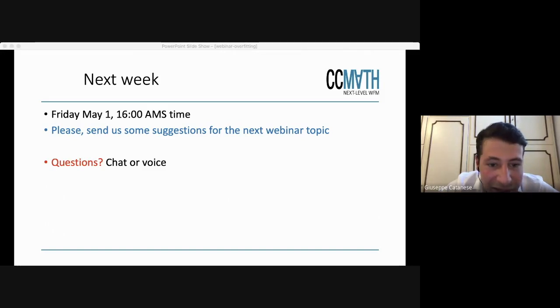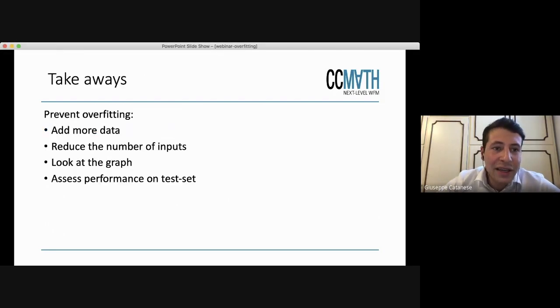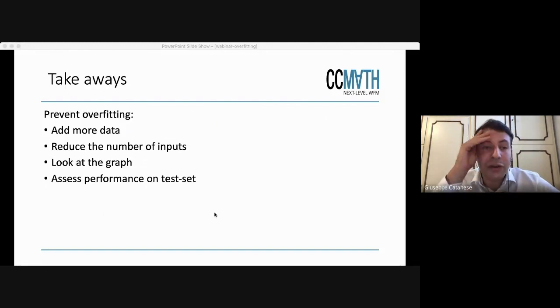Giuseppe, how do you create test and training set? Basically, to create test and training set, what you do is split your data. Imagine you have 100 data points. There are different ways to divide your data between training and test set.